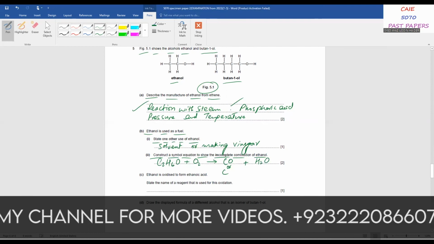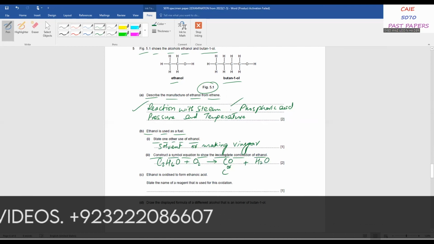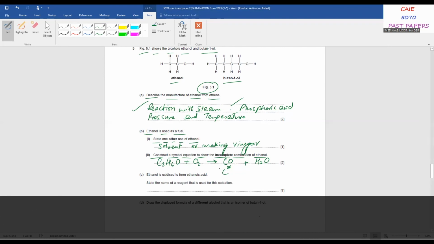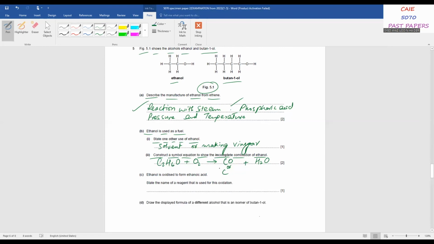You have to balance the equation. It's better if you write the balanced equation. So if you are getting carbon monoxide, you write 2CO and water will be 3H₂O. For carbon, it should be 2 carbon.